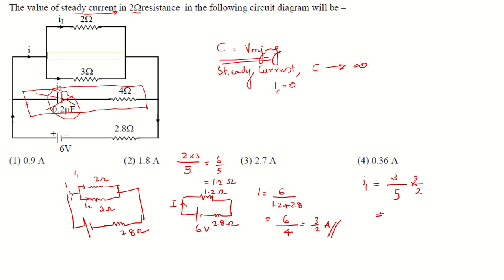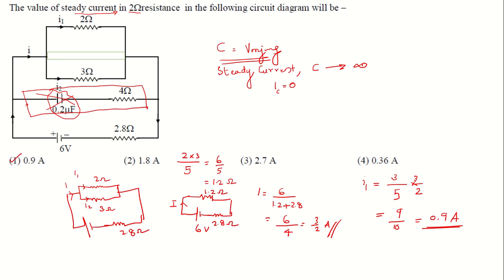So that is equal to 9 by 10, equal to 0.9 ampere. So easily we get the answer as the first choice.